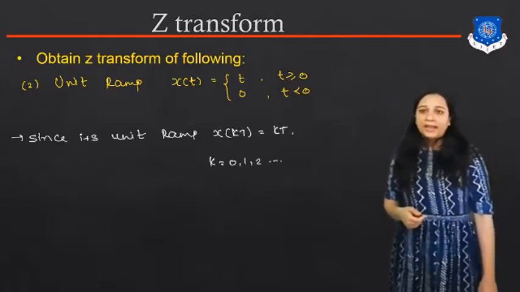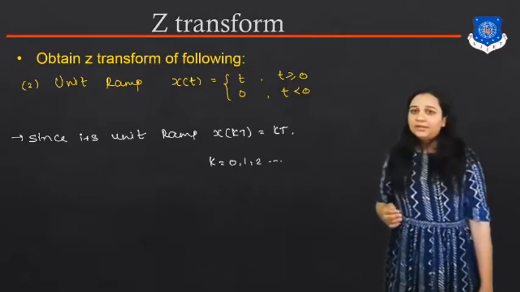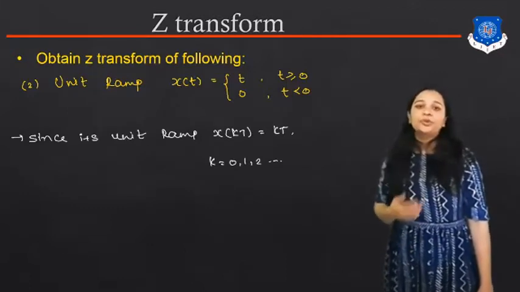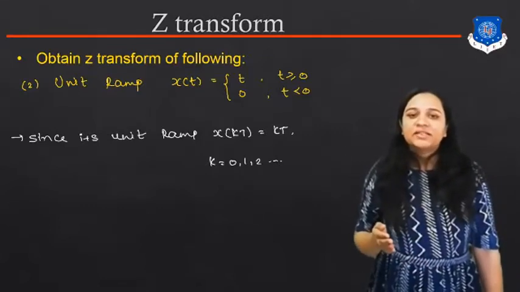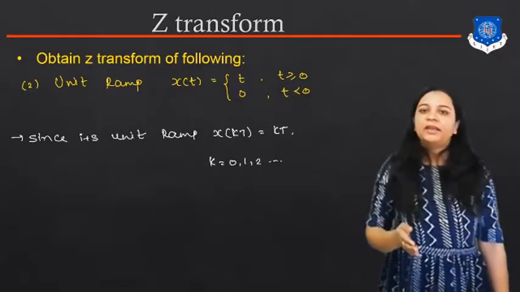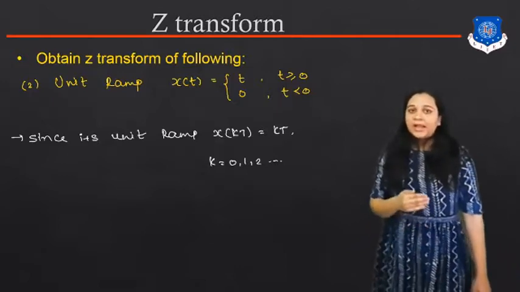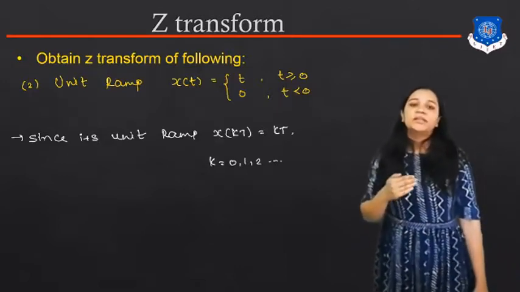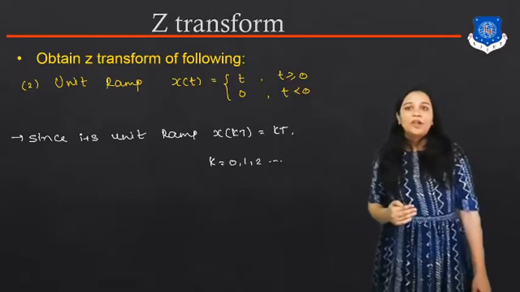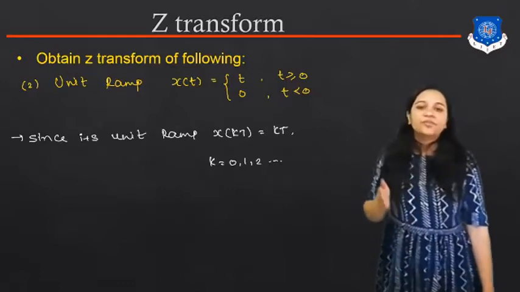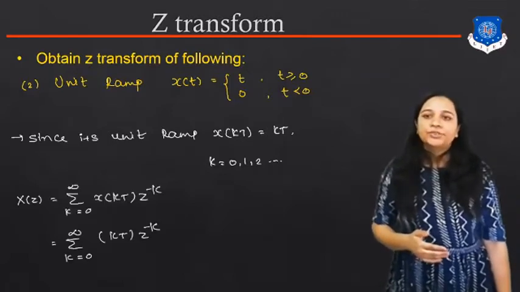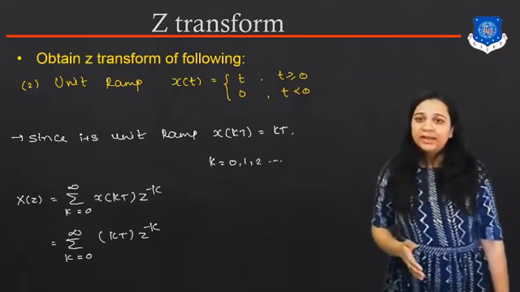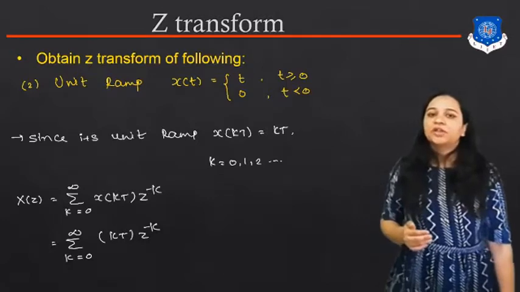Since it changes with respect to time, the equation becomes x of kt equals kt. Here k is the sample number, and the value of k varies from 0 to infinity. Clear?